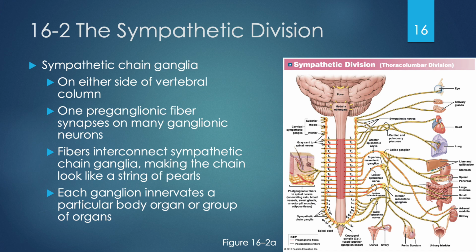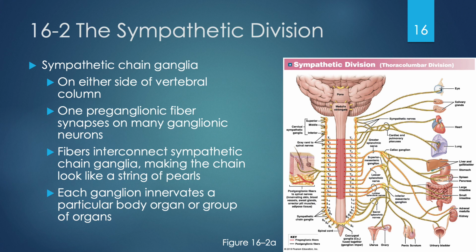And these are a series of ganglia that are lined up in a row, and these look like a string of pearls, just because we have all these little fibers interconnecting one to the next. So what's going to happen here is we have our ganglia that have the ability to innervate any number of different body organs or group of organs, but we're going to have one preganglionic fiber that's going to come into that ganglion, and when it comes into that ganglion, it's going to synapse on all of the neuron bodies that are in that ganglion.